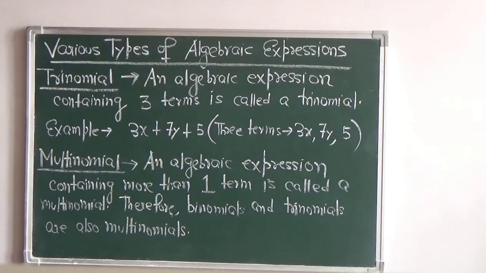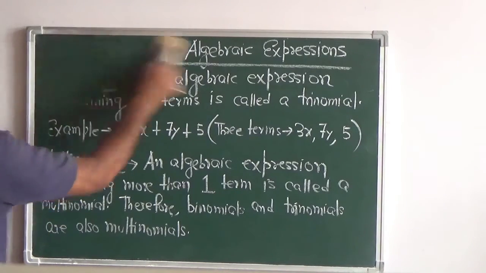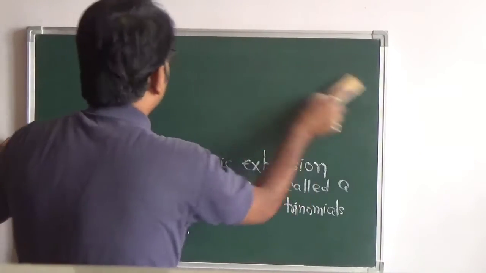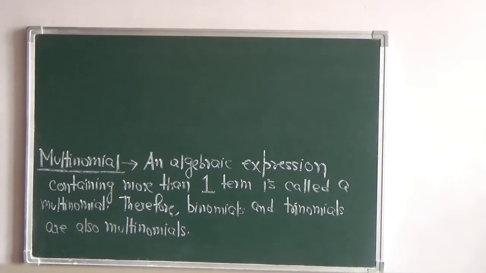So any algebraic expression containing more than one term is called a multinomial. So we have already discussed about binomial, which consists of 2 terms, so that also can be called a multinomial, and trinomial, which consists of 3 terms, this also can be called a multinomial. So this was the various types of the algebraic expressions.